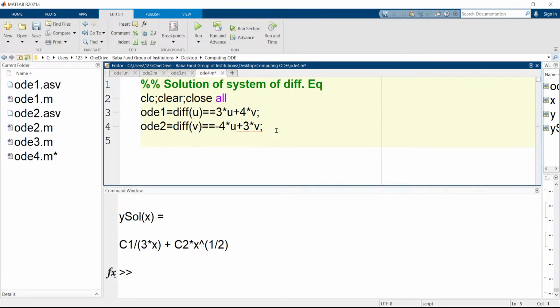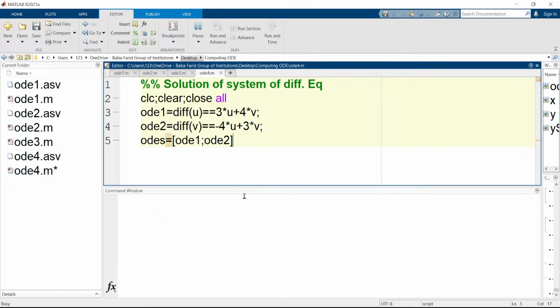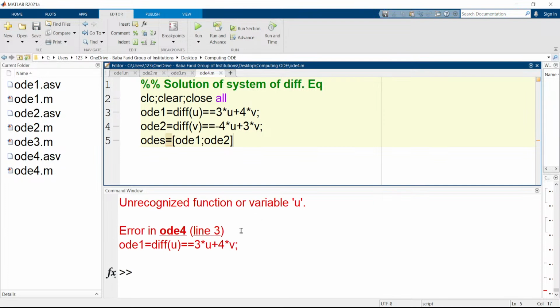Then we need to store these two differential equations into a single variable, ODEs is equal to ODE1, and use a semicolon, ODE2.